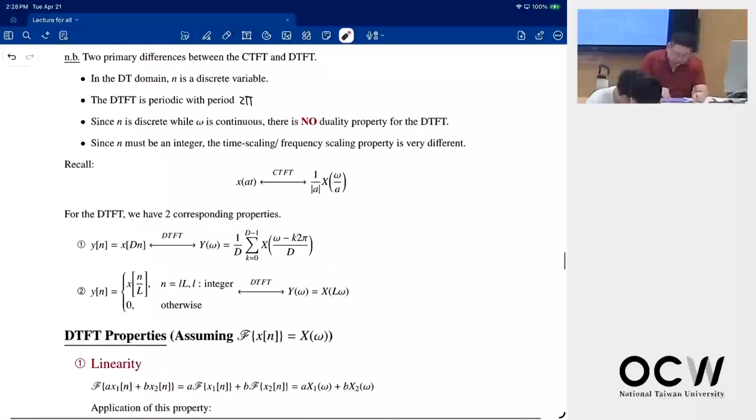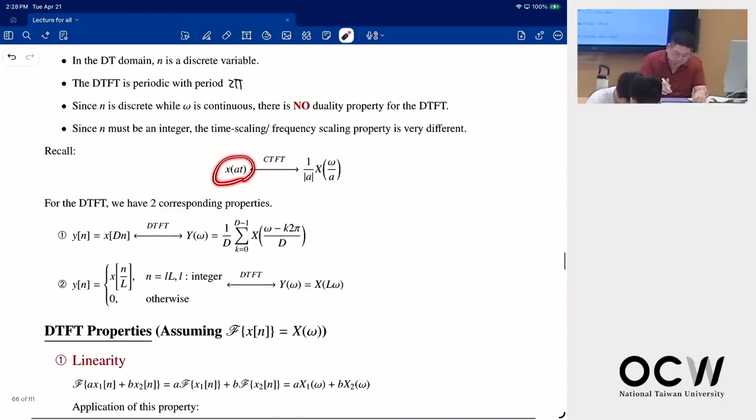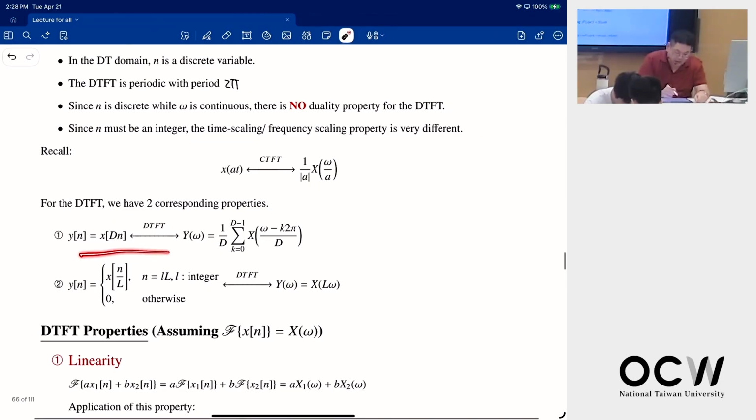Let's see. If I compress, if a is greater than 1, then for the continuous time Fourier transform it works in this way. But in the discrete time Fourier transform, we have two properties. One is called downsampling, and the other one is called upsampling.